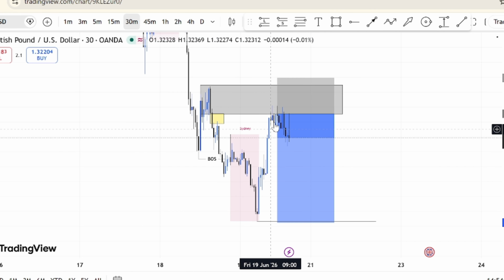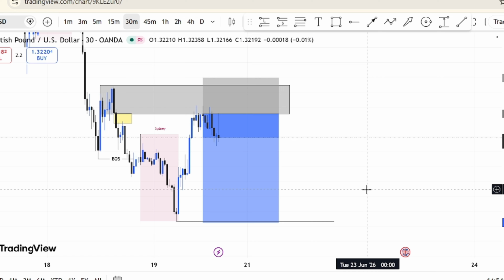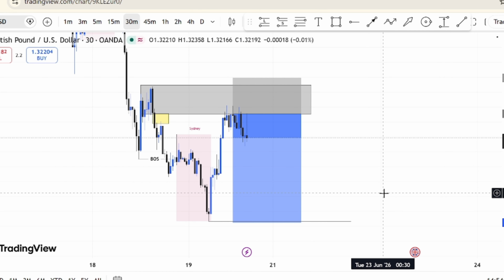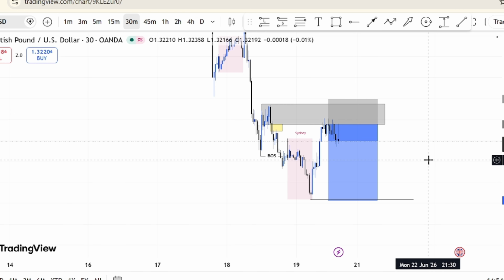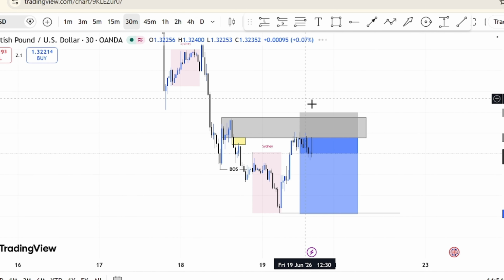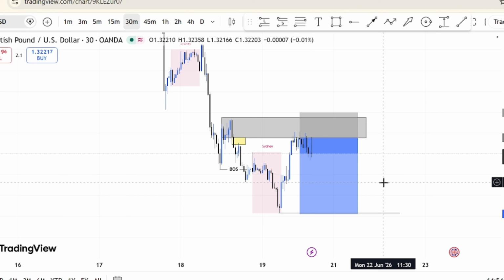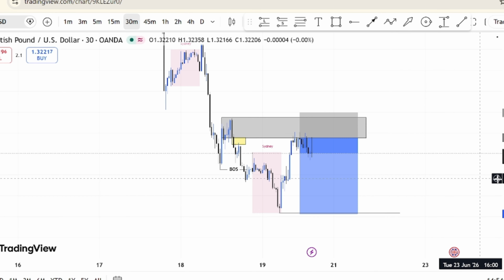The next thing, you just enter a pending order on the order block. You target the next pocket of liquidity, which is the next targeted high, and then just trade like that. It is very simple, guys. So this is the trade that is currently running, and I'm hopeful that it will go to take profit, because there's no doubt here, all my confirmations are intact.